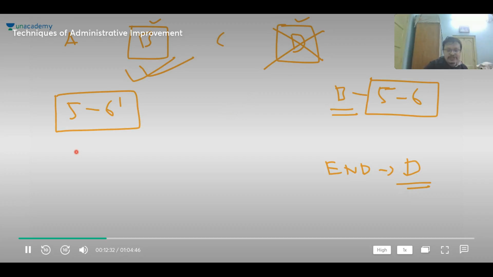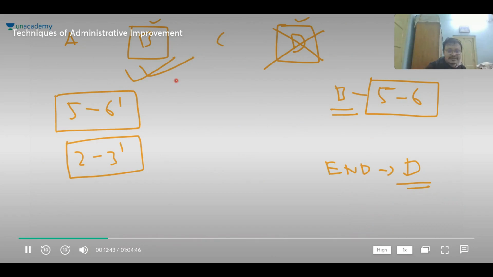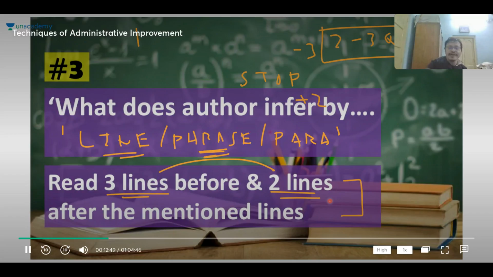And in that process, per question, 2-3 minutes gets wasted. In this approach, what will happen? When you read the passage the first time for 5-6 minutes itself, you will locate those lines because your entire focus is on those 2-3 lines which have direct questions. So automatically, you are making your job a lot simpler.